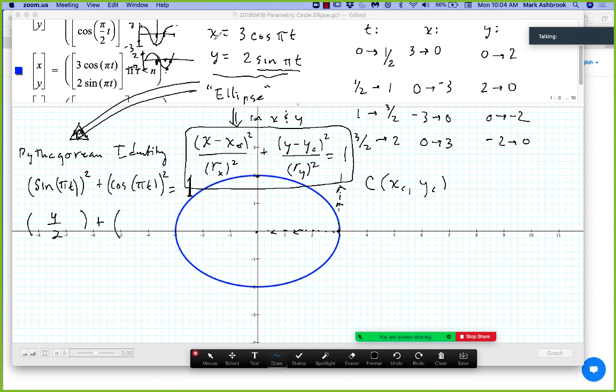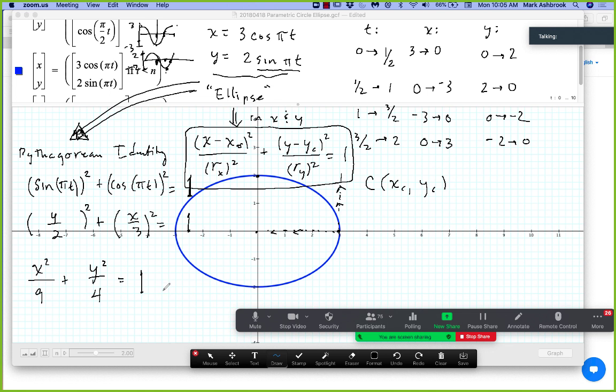X over 3. So I can change the order here, and I get x squared over 9 plus, forgot the square there, y squared over 4 equals 1.